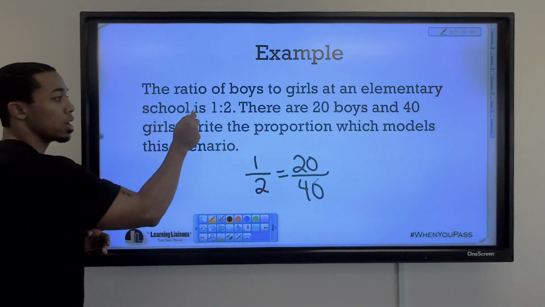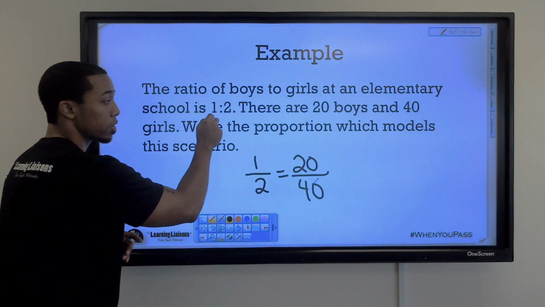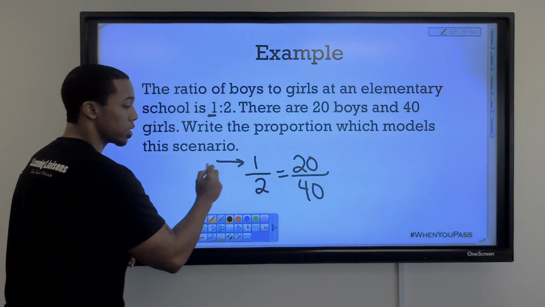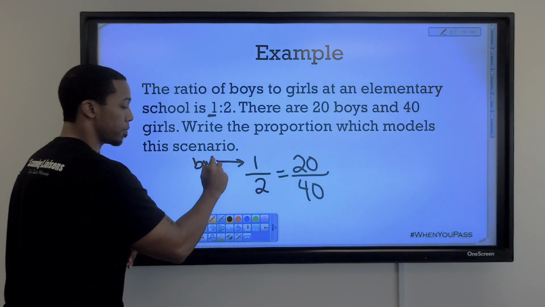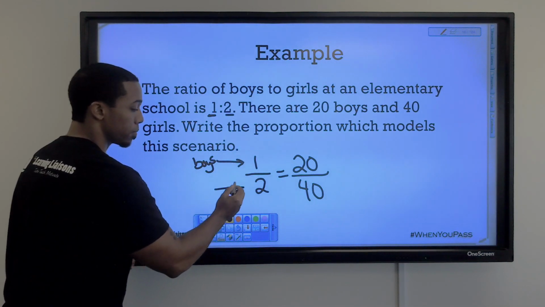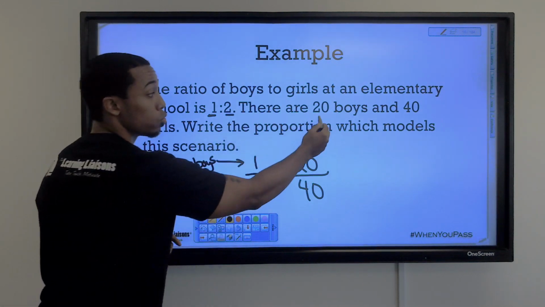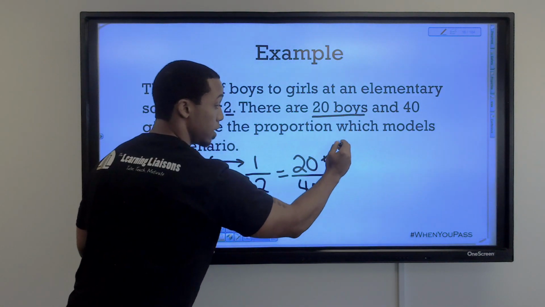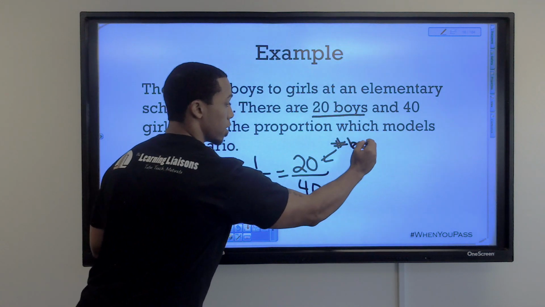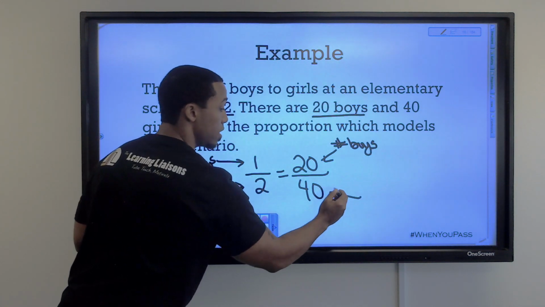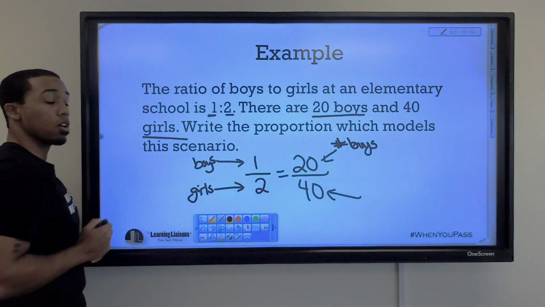Another thing, the ratio of boys to girls. 1 represents boys, 2 represents girls. The ratio of boys to girls. 20 boys, so this is the number of boys, and this is the number of girls, 40 girls.